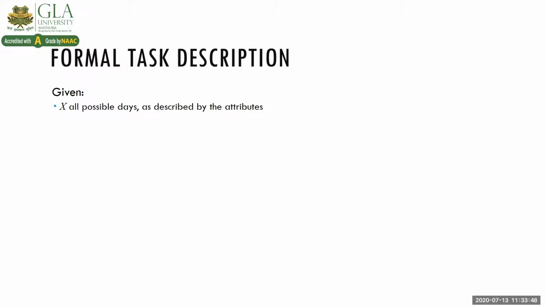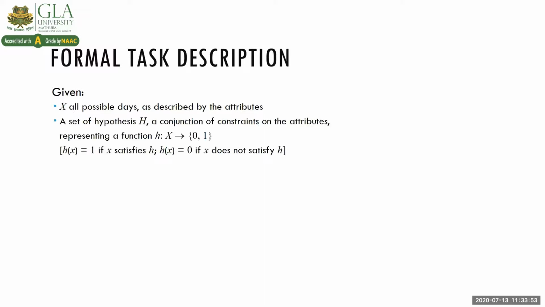Given X, all possible days as described by the attributes, a set of hypotheses H, which is the hypothesis space, a conjunction of constraints on the attributes represented by a function h, h of x, which determines 0 or 1. 0 means no, 1 means yes. So h(x) equals 1 if x satisfies h, and h(x) equals 0 if x does not satisfy h.